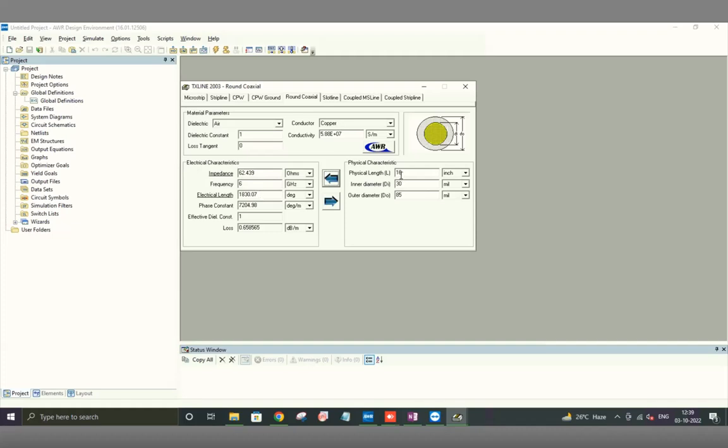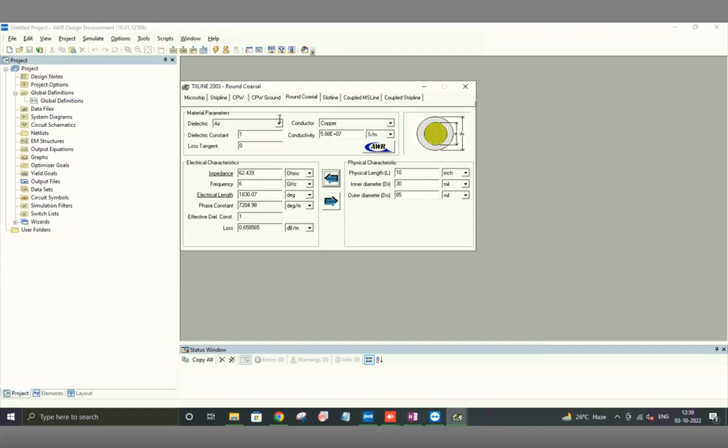If I now make this length 100 times longer, the only thing that will change is the electrical length. There's an extra 0 there. I'm just making sure the length doesn't play a role. By the way, this is the diameter, not the radius. 0.085 is the diameter. So it's 62 ohms.